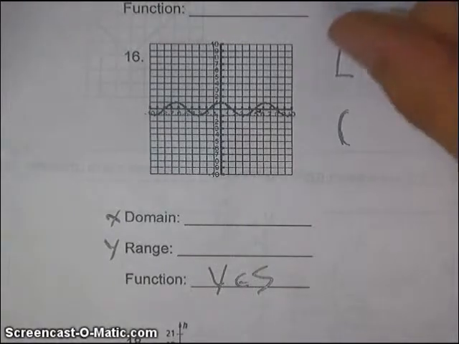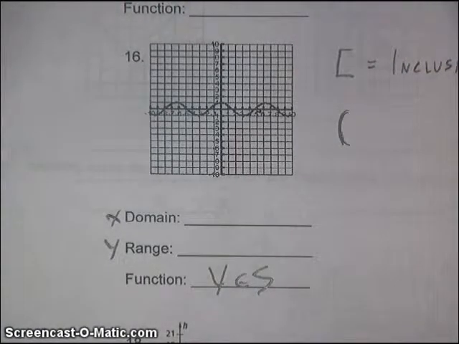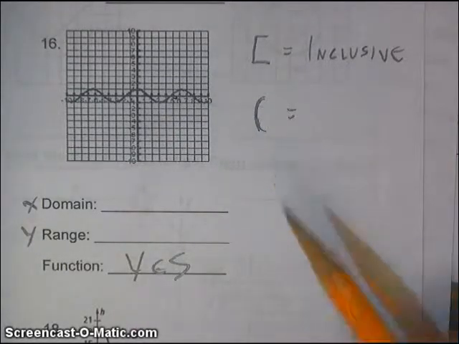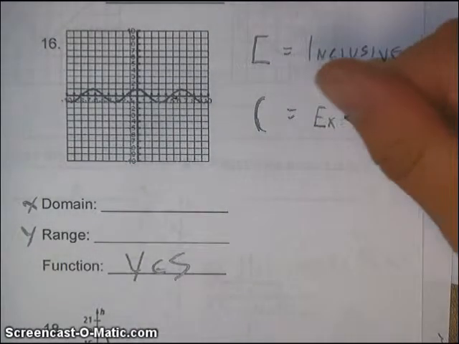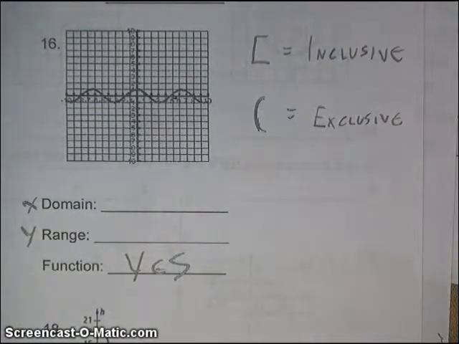A bracket means inclusive, where you include that point. A parenthesis, little happy face there, means exclusive. I'll talk about what that means more in just a moment.